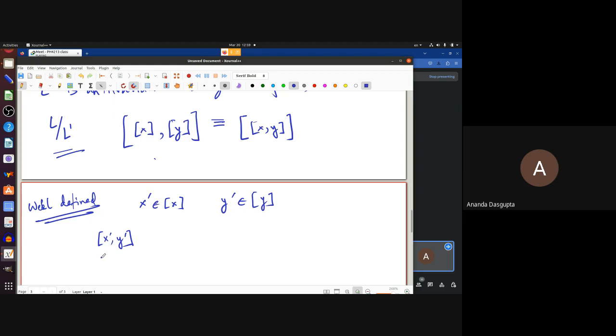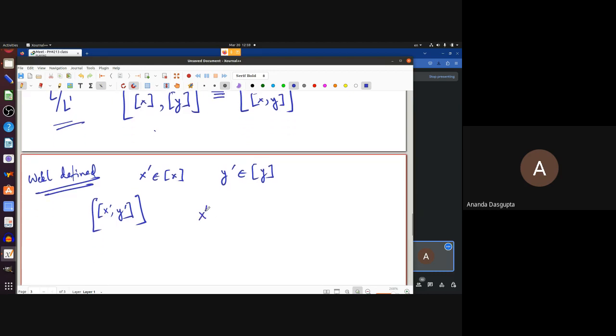And nobody would blame you if you did that. After all, nobody said which element to take. Just take something which is in the equivalence class. So if this thing ended up giving a different equivalence class from this thing, then you're dead. Then this definition makes no sense, right?